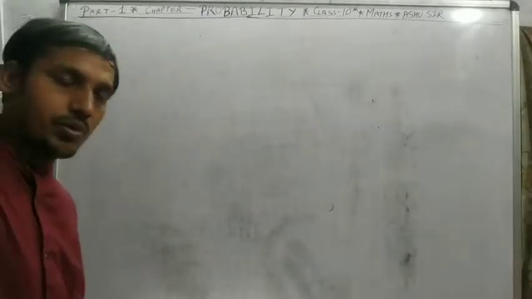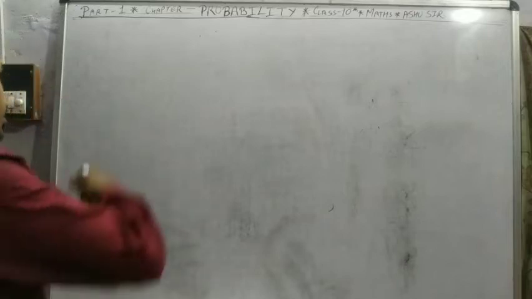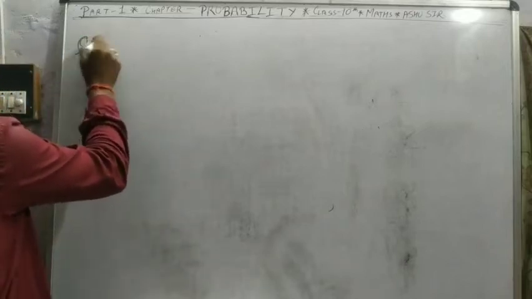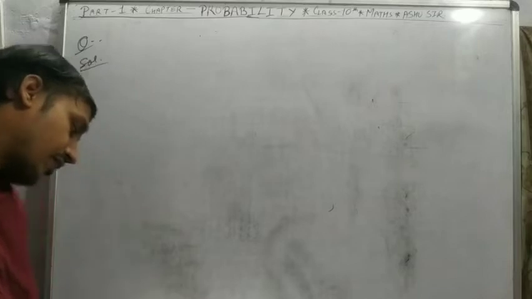So take some examples using the formula of probability. Well, first question, you have to read it. A box contains 5 red marbles, 8 white marbles, and 4 green marbles.